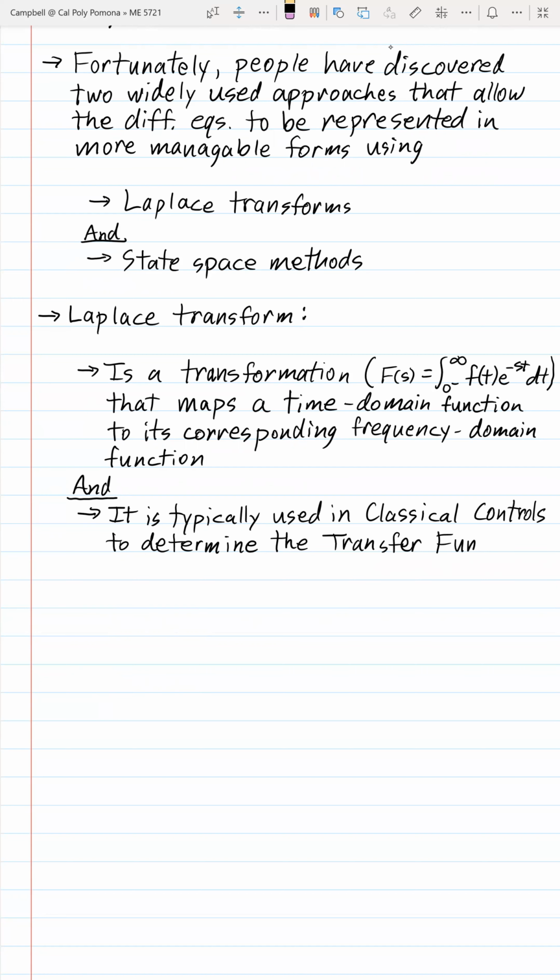I'll just try to squeeze it in here. Of course, the transfer function is abbreviated as TF, quite appropriately. So to determine the transfer function for the system, and here I'll do quotes around the system under consideration because it is a little bit more complicated than just that.